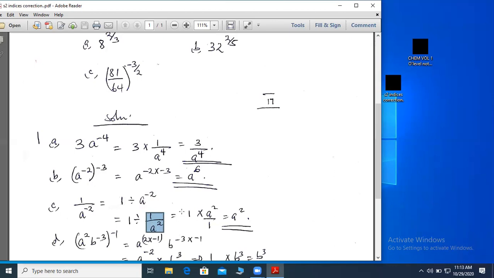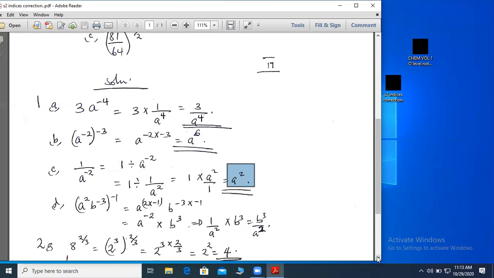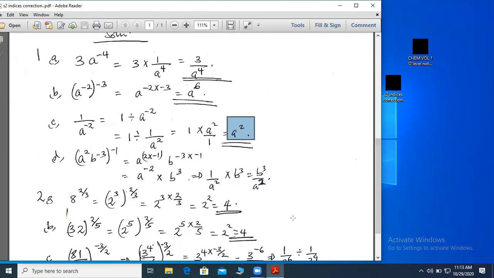So this becomes 1 times a squared over 1, which is equal to a squared. Again, many of you passed that. Those who handed in, that was good.